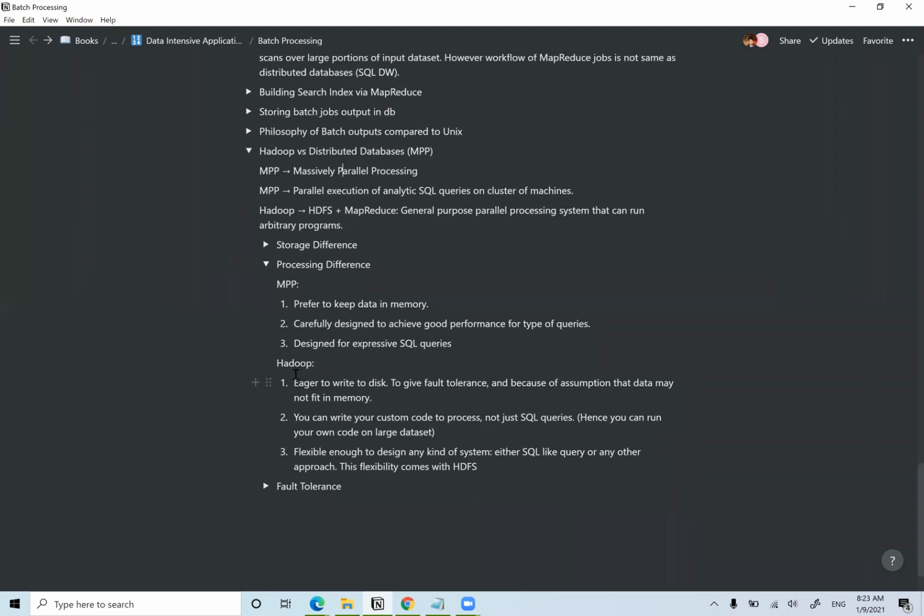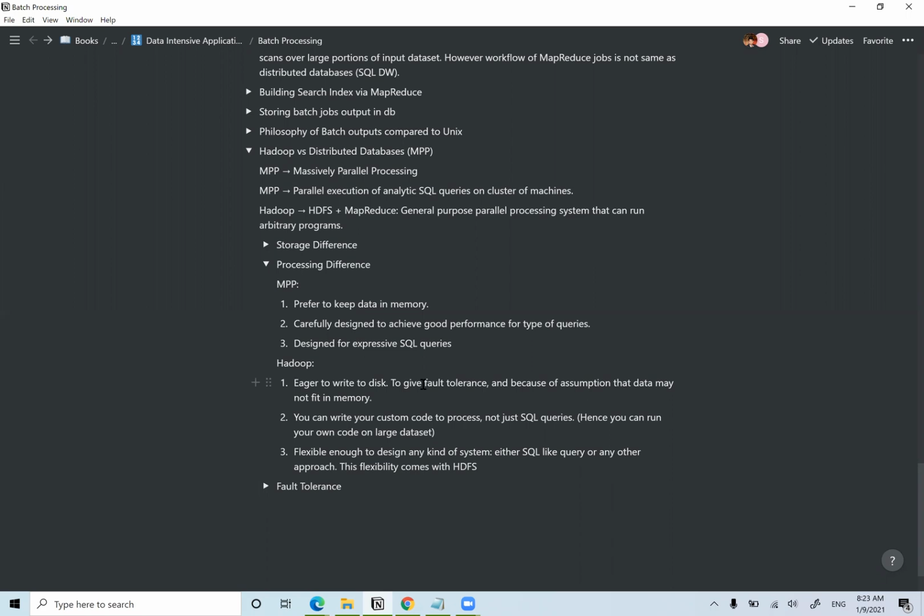And the Hadoop kind of system generally tends to write your output or intermediate outputs on disk. And there are two reasons why it does that. First, it tends to be more fault tolerant. We will discuss that in the next section. But to be more fault tolerant, you have to write things on disk, right?